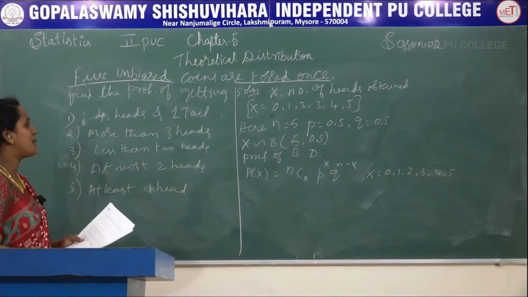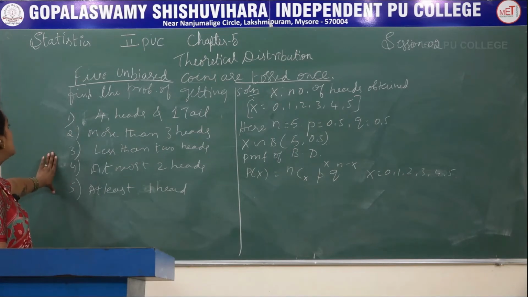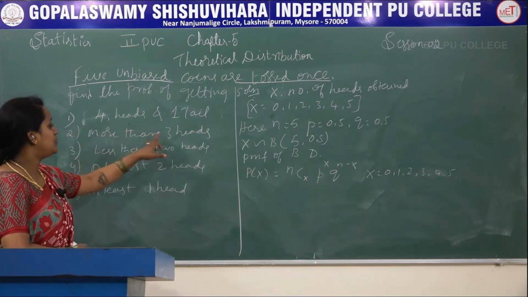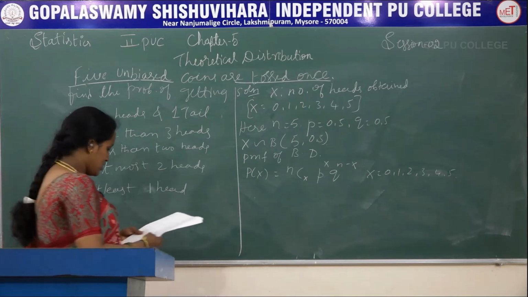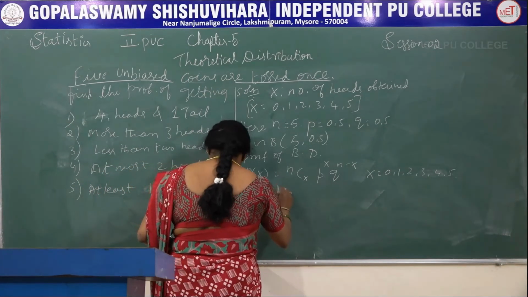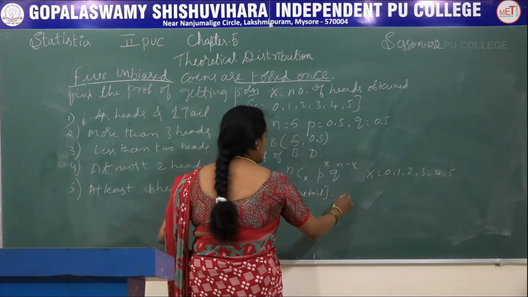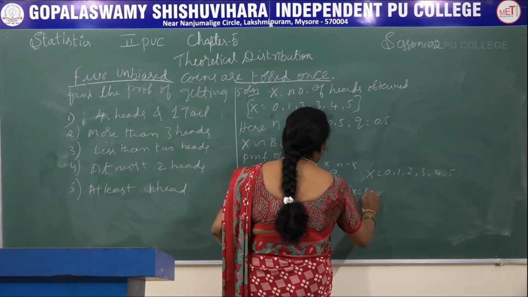After writing this PMF, we will see the problems they have given. First problem says 4 heads and 1 tail. So the probability of 4 heads and 1 tail is P of x equals 4.